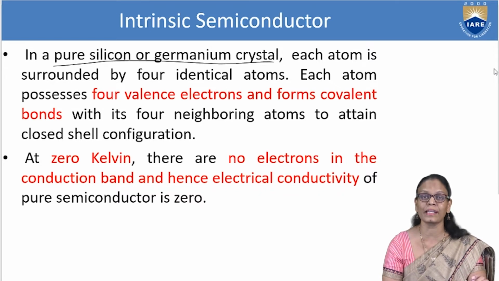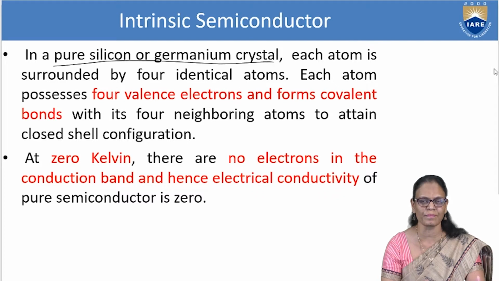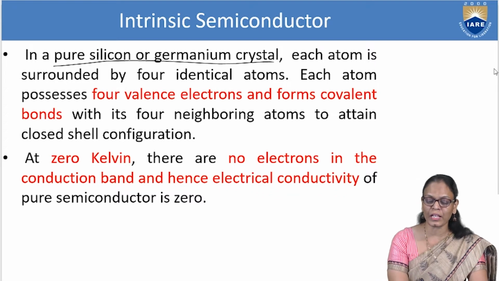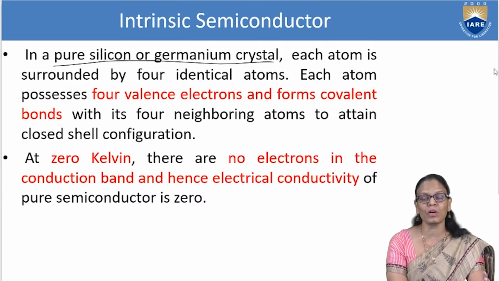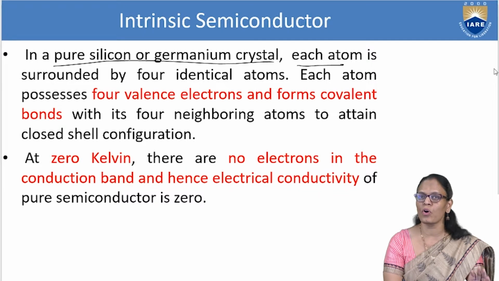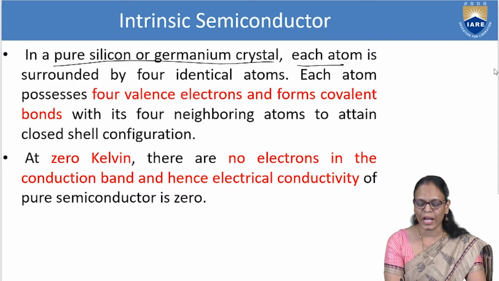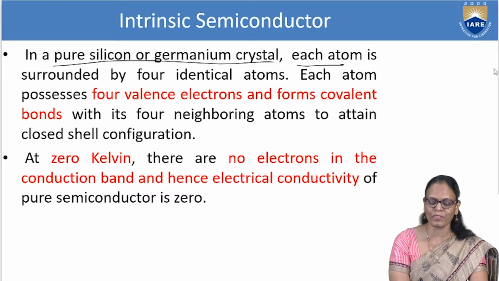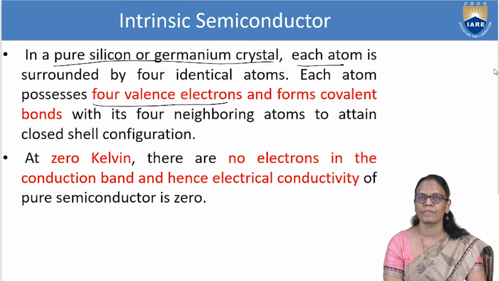If I am taking a silicon crystal, all atoms in the crystal are silicon atoms, and if I am taking the example of silicon, it belongs to the fourth group, so it has 4 valence electrons. So each atom is surrounded by 4 identical atoms, and each atom possesses 4 valence electrons.